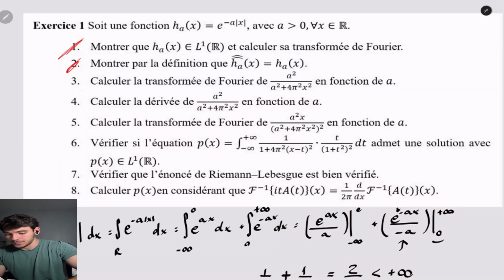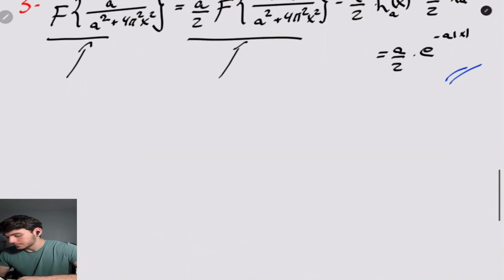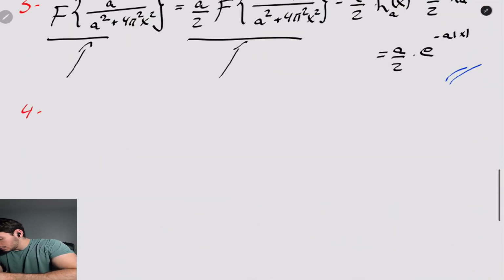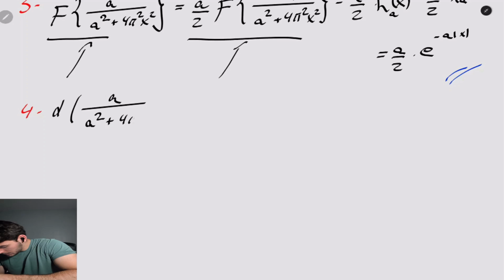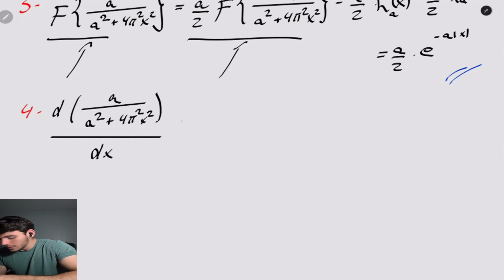Okay, so right now we've finished question 3, and now question 4 is we need to calculate the derivative of this. All right, so we need to calculate the derivative of a divided by a squared plus 4 pi squared x squared, divided by dx, okay?